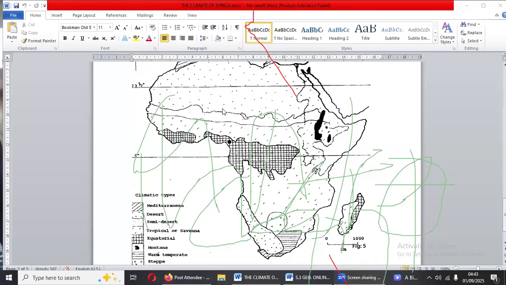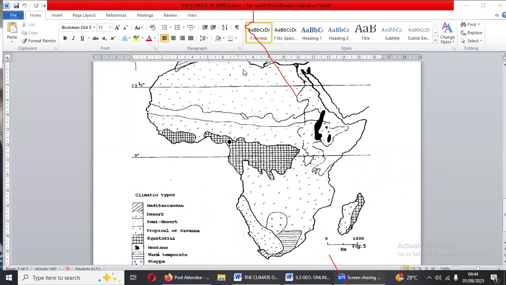Okay, it has challenged me a bit. I don't know why the sound is failing to come out, and I'm going to clarify why there is a problem. But mainly our video was trying to give us how different factors influence a specific climate in an area, or the different reasons for climate change in specific regions.